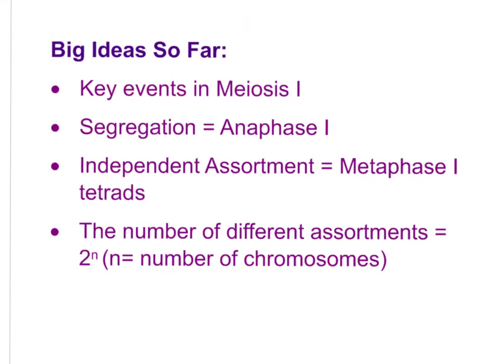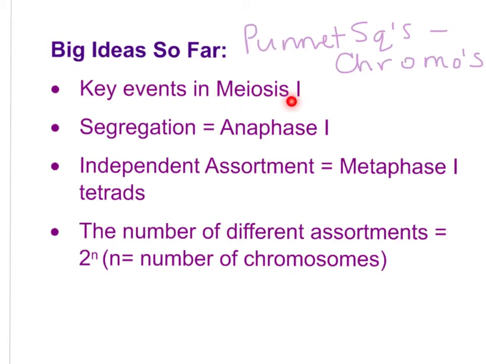So here are some key ideas to take away so far. One, when we're looking at Punnett squares, we're really looking at chromosomes. When we think about the way that these chromosomes are combining, I want you to remember the key events in meiosis, especially meiosis 1.